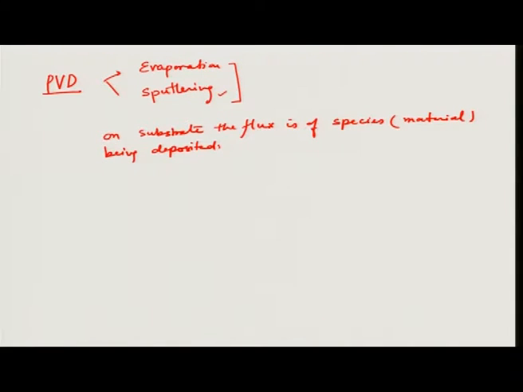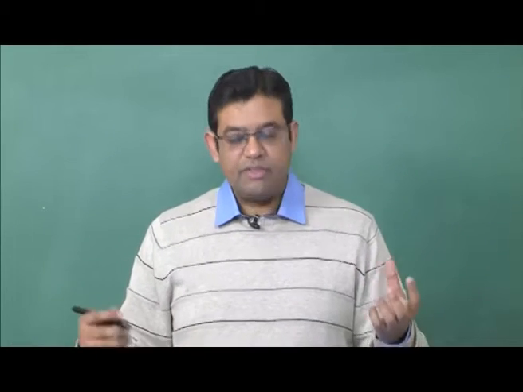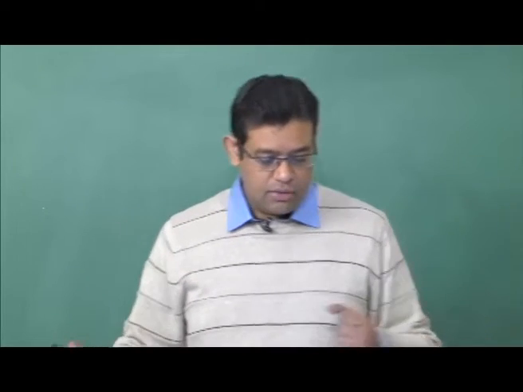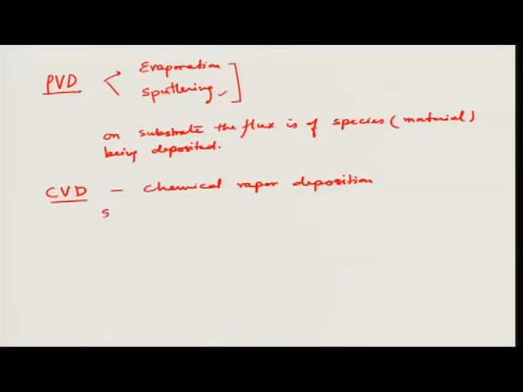Now, by contrast, in chemical vapor deposition or CVD, we have a flux of a material which has a part which we want to deposit. So, for example, to deposit silicon, we can use silane, SiH4, which is a gas.